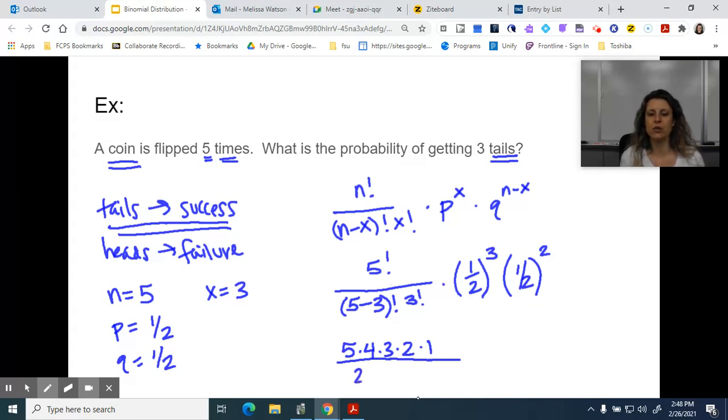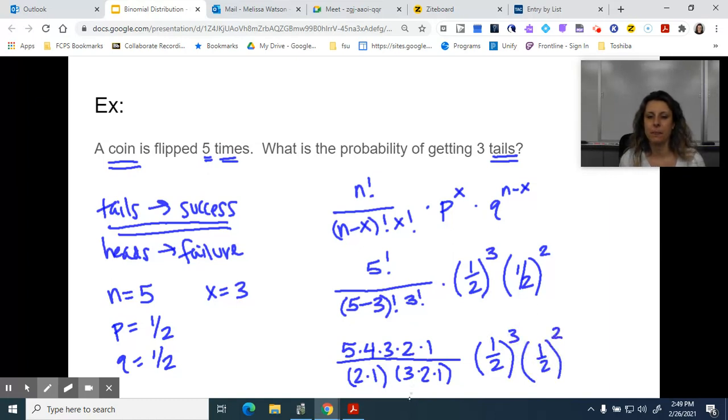So that would be 2 times 1. And then 3 factorial, that is 3 times 2 times 1. Again, we start at the number, and then we multiply by 1 less than the previous number until we get down to 1. Okay, and then we multiply that times 1/2 raised to the 3rd times 1/2 raised to the 2nd.